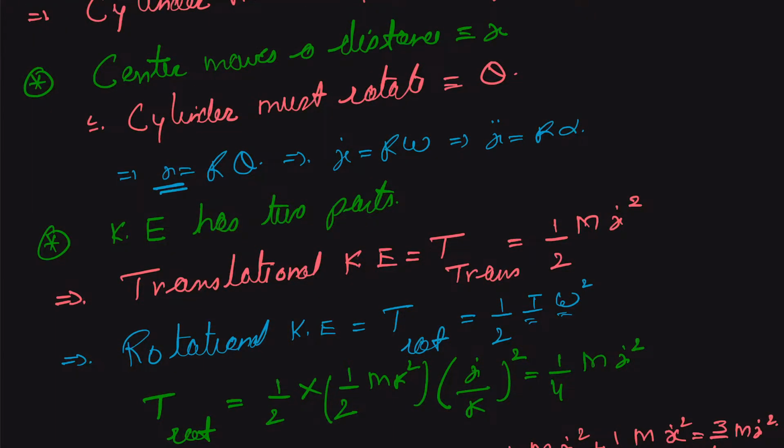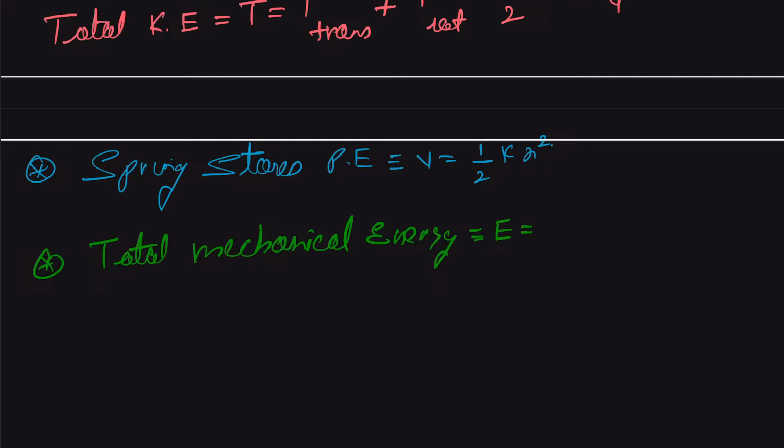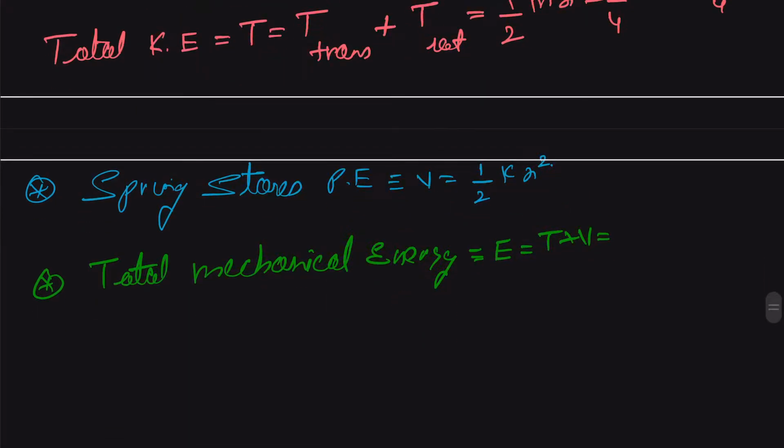Therefore the total mechanical energy E will be equal to T plus V, which is 3 by 4 m x dot whole square plus 1 by 2 k x square.